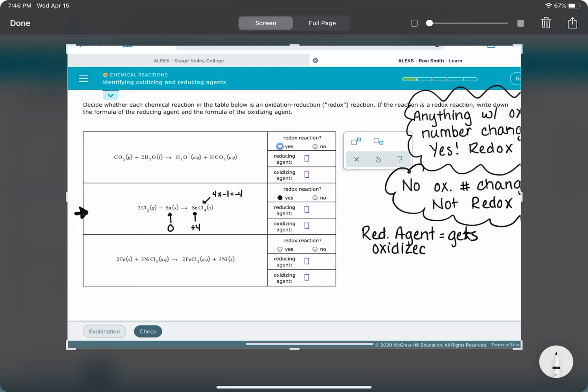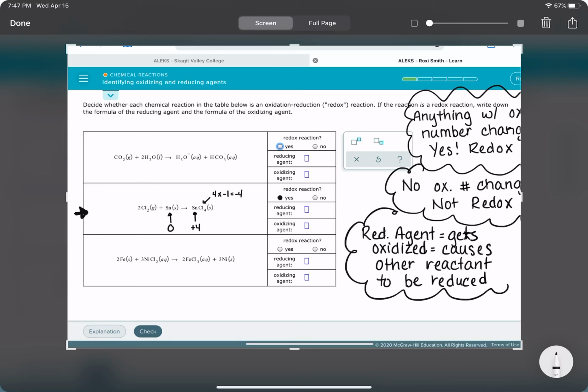We call it the reducing agent because it causes the other reactant to be reduced. And likewise, the oxidizing agent is the thing that gets reduced and also causes the other reactant to be oxidized.